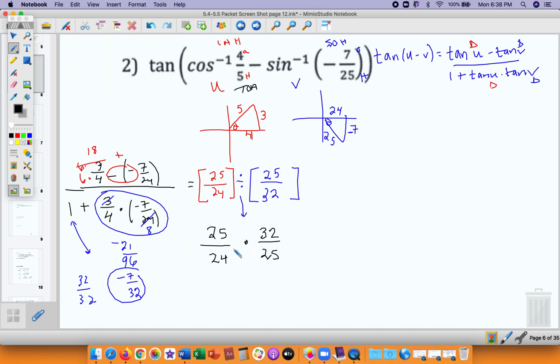And we can look along the diagonal and cross stuff out, or we can multiply and then reduce. And when we do that, we will end up with 4/3. All right, these 25s cancel out. And then 32 over 24, you can divide both of those by 8. And that's how you end up with 4/3.